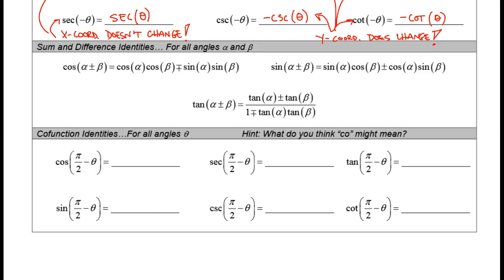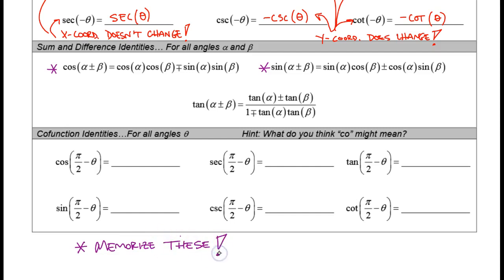I'm just going to tell you the following. If I put, let's go with a fancy color, let's go with purple, if I put a purple star next to a formula, that's one you have to memorize. Memorize these.